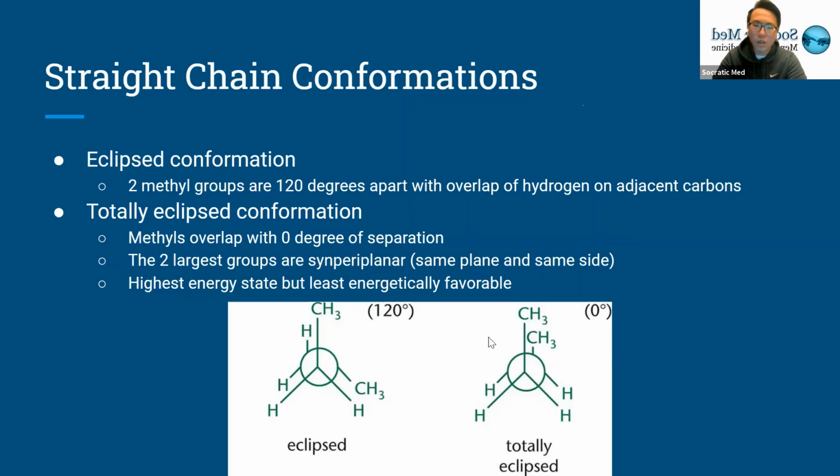It's energetically unfavorable because of how much strain there is on the molecule. So when the two methyl groups are on the same plane on top of each other, this is what is known as syn-periplanar instead of anti-periplanar. They're on the same plane on the same side, and this causes the totally eclipsed conformation.